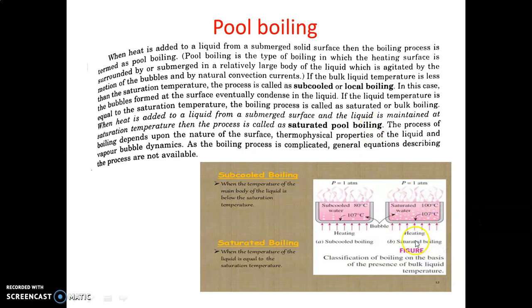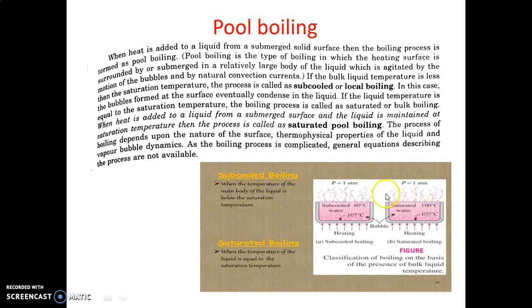So here in the second case, the temperature of the hot surface is 107 degrees Celsius, and the liquid temperature is maintained at 100 degrees Celsius. The boiling taking place here is called saturated pool boiling. So these are the two types of pool boiling: subcooled or local boiling and saturated pool boiling.